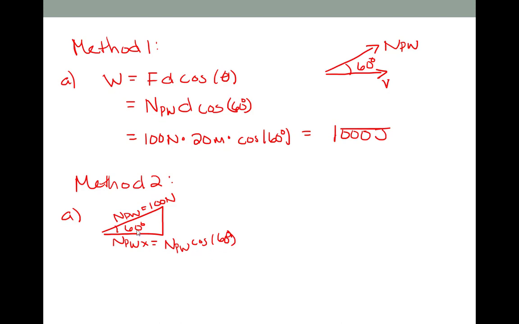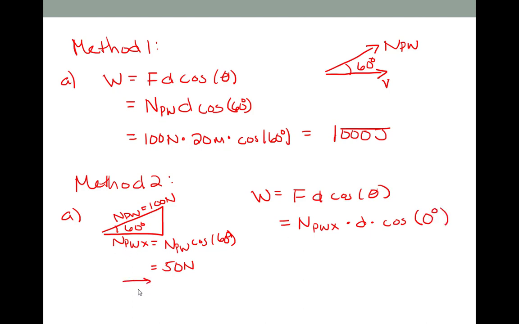So 100 times the cosine of 60 is 50 newtons. And now I can say work is F d cosine of theta, where my force is just the x component. And my angle in this case is going to be 0 degrees because my x component is in the same direction as the velocity. So now we take 50 newtons times 20 meters times cosine of 0 is 1, and that is again 1,000 joules.